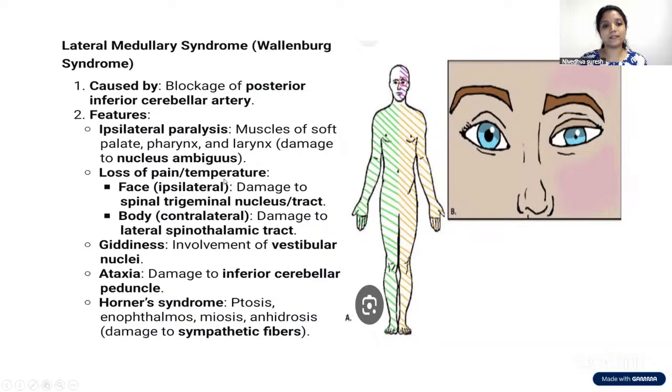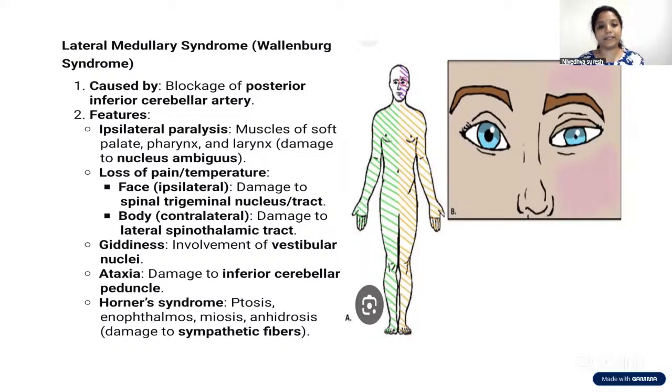So in the face it is ipsilateral because of the damage to the spinal trigeminal nucleus or tract, and due to the damage of the lateral spinothalamic tract, the body will be affected. There will be loss of pain and temperature on the contralateral side of the body. Then, because of the involvement of the vestibular nuclei, there will be giddiness, and ataxia because of the damage to the inferior cerebellar peduncle.